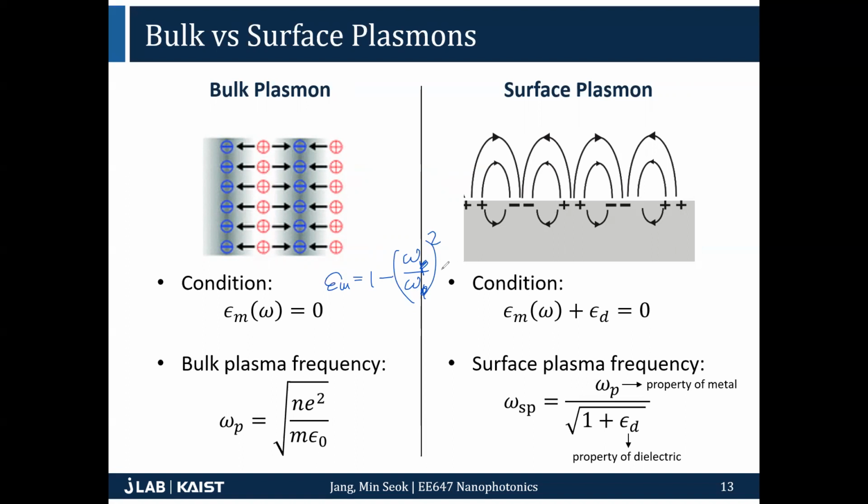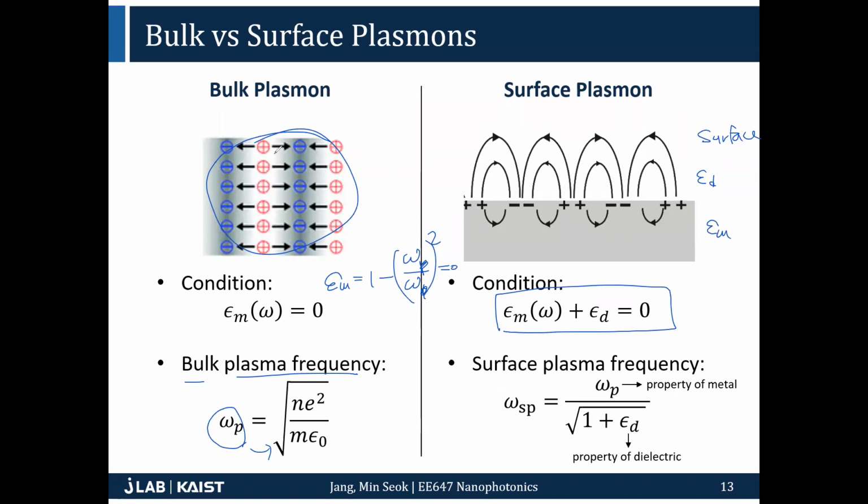So when epsilon m becomes zero, the bulk plasmon resonance occurs, and the bulk plasma frequency is defined like this as omega p. And now when we have a surface plasmon, like the interface between epsilon d and epsilon m, the surface resonance condition changes to this. And to me this looks reasonable if you compare.